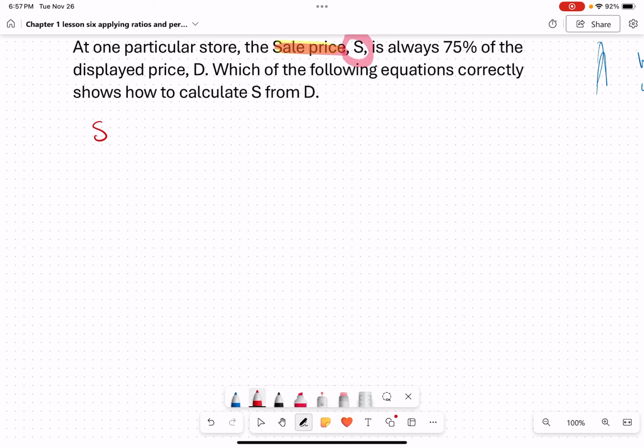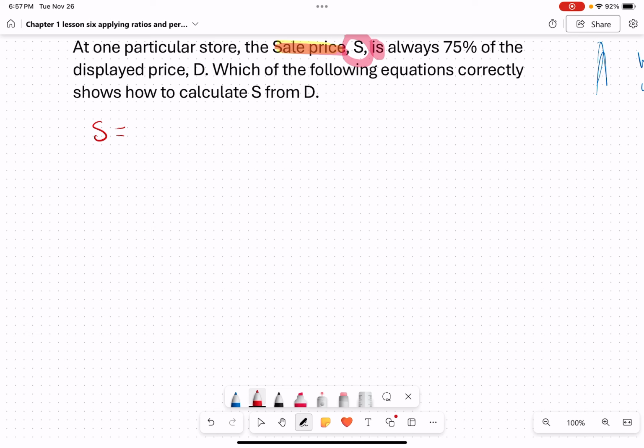The next key word that we see is the word "is", and "is" normally means equals. So we already have S is equal to. We're just dissecting the problem here.